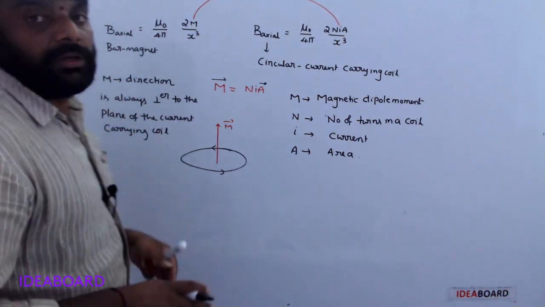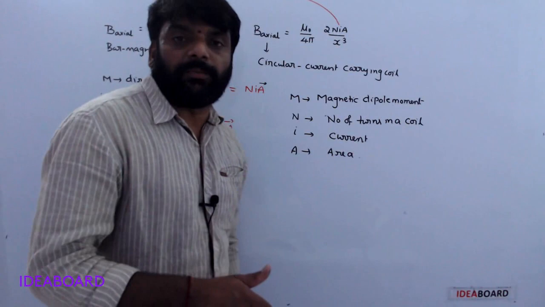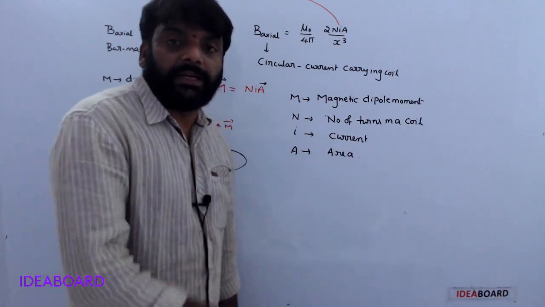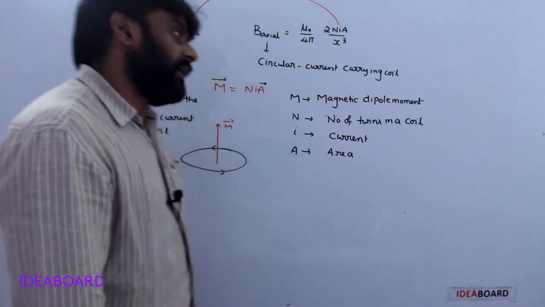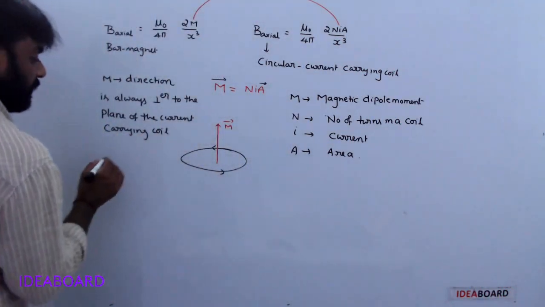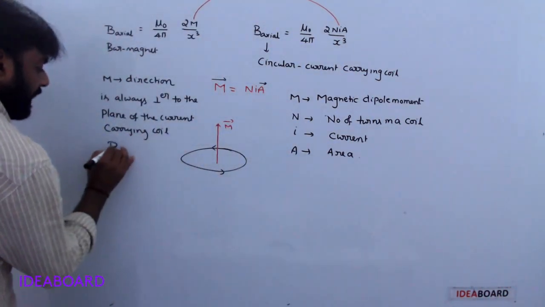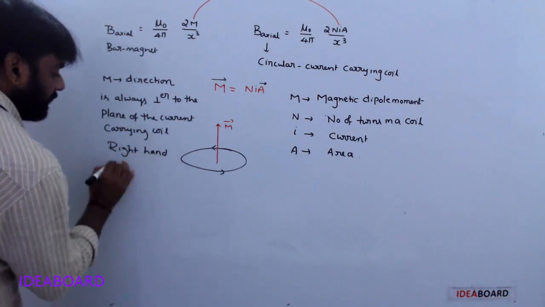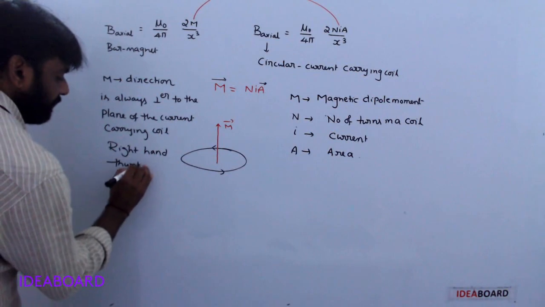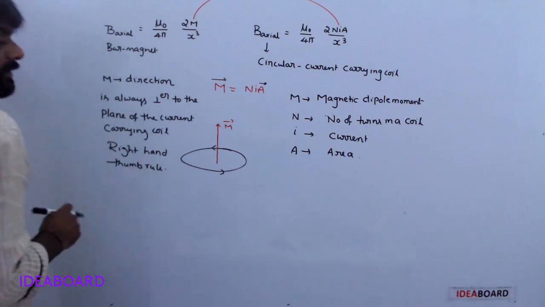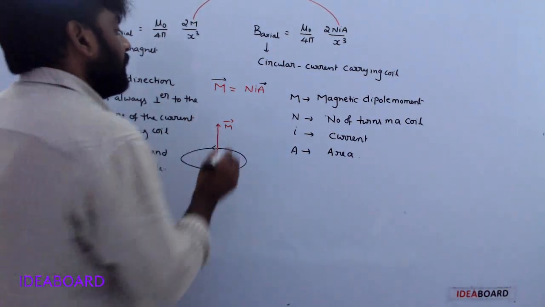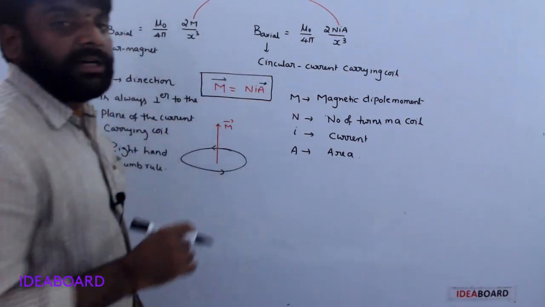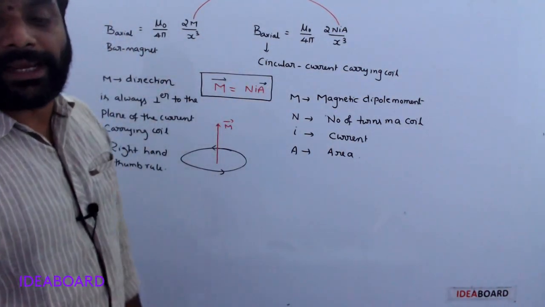How to find this direction? By using the right hand thumb rule: the curling fingers represent the current and the thumb represents the magnetic dipole moment direction. So the magnetic dipole moment is m bar equals n I a bar.